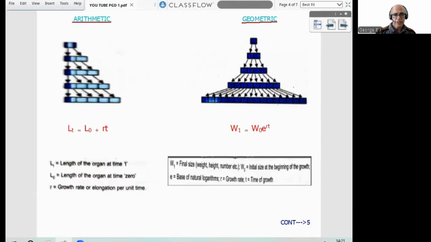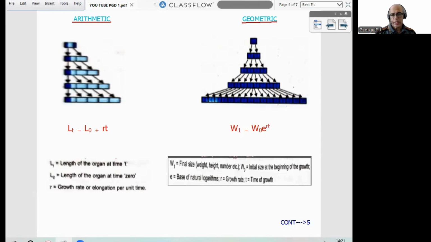Now formula-wise, first, arithmetic growth, that is linear growth. Formula is Lt equals L0 plus rt, while for the other one, where cells divide in all planes, the formula is W1 equals W0 e raised to rt, which gives rise to a sigmoid growth. Each letter: Lt, length of the organ at time t, L0, length of the organ at time 0, and r is growth rate or elongation per unit time.